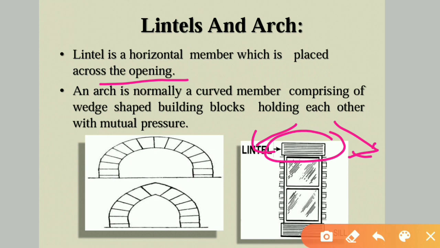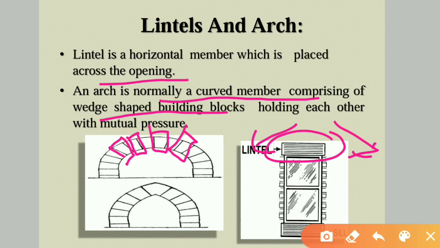Next, arch. An arch is normally a curved member comprising wedge-shaped building blocks pressing against each other with mutual pressure. Wedge-shaped blocks are used for load transfer instead of a lintel, and then it is called an arch.